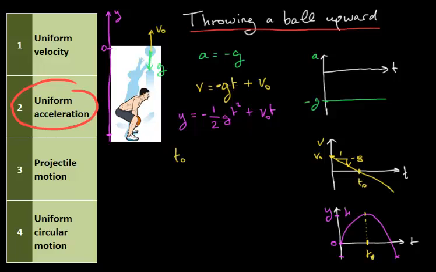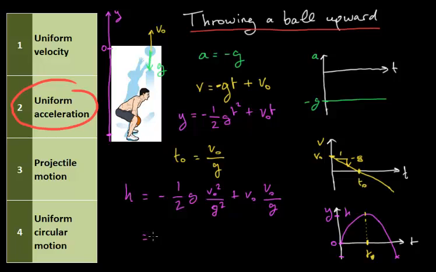So when t is equal to minus v0 divided by minus g, t0 is equal to v0 divided by g. And if I replace this in the y equation, I obtain that y0, that I actually called h, this maximum height, h is equal to minus 1/2 g times v0 squared over g squared plus v0 times v0 over g.